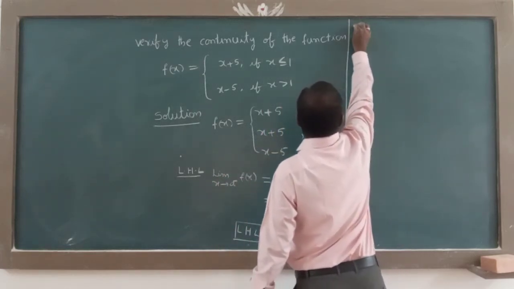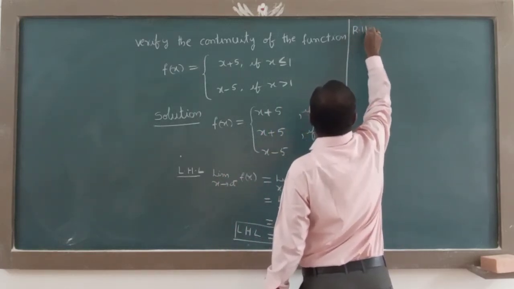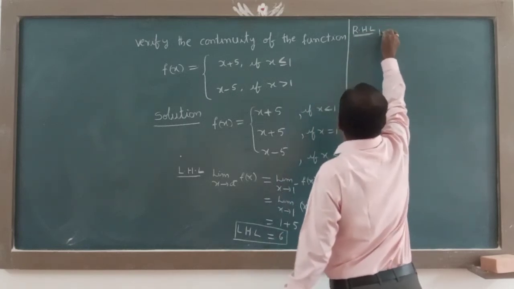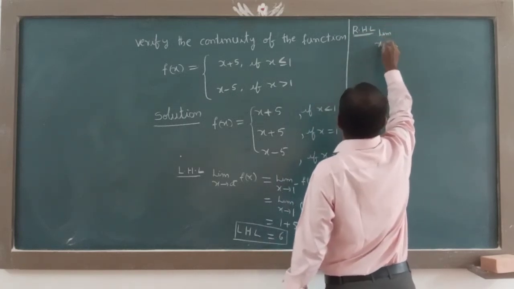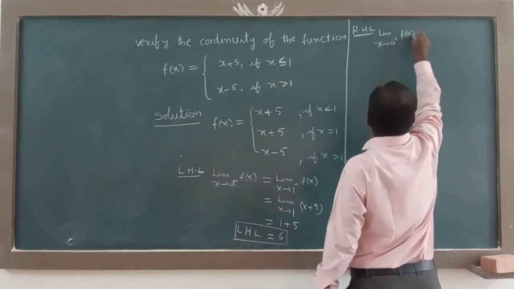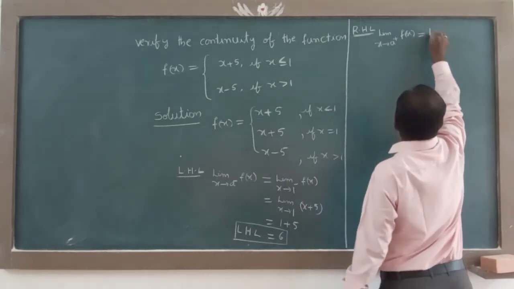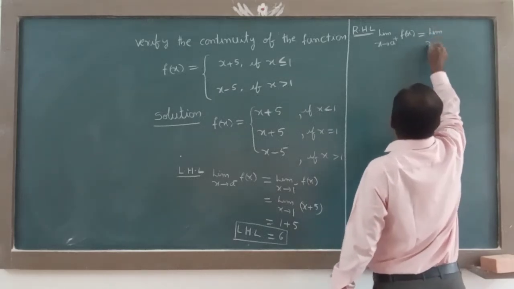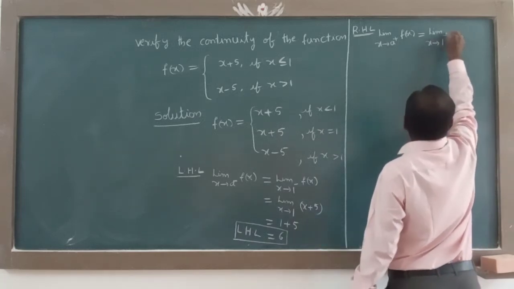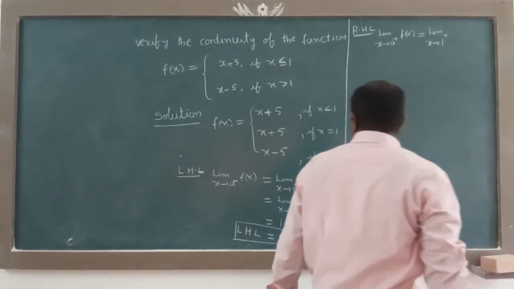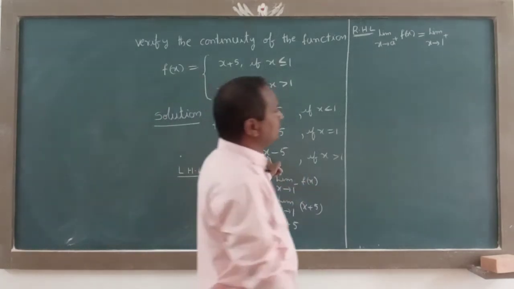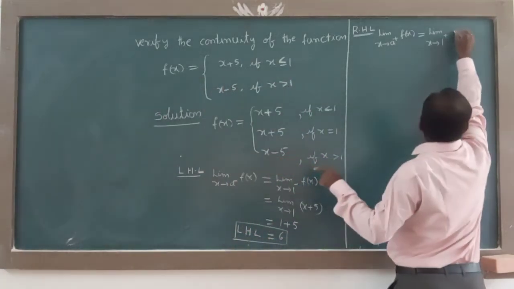RHL, right hand limit: limit x tending to 1 plus f of x. For f of x corresponding to the greater than symbol, which function is that? We must take that here, that is x minus 5.